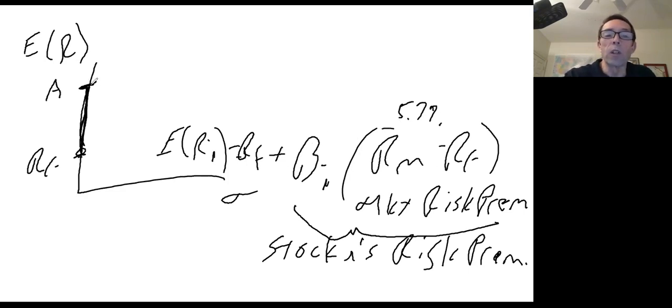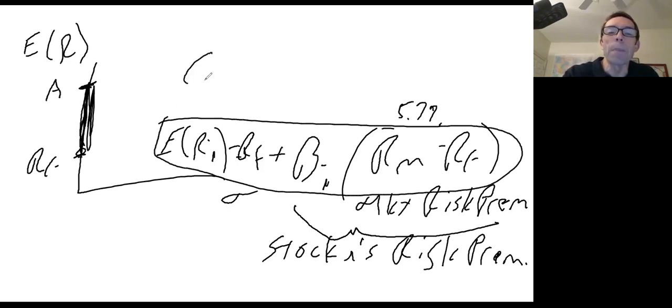So the total return for A is going to be the risk-free rate plus A's risk premium, right? The expected return for stock I is going to be the risk-free rate plus stock I's risk premium. And stock I's risk premium is stock I's beta times the market risk premium. And remember, stock I is just a generic stock. It's any old stock.